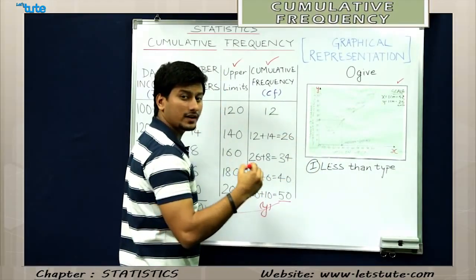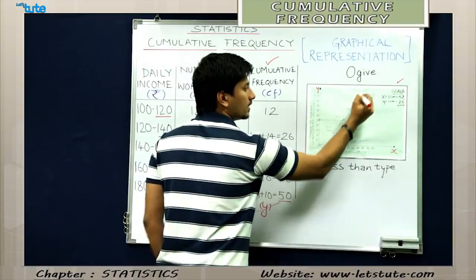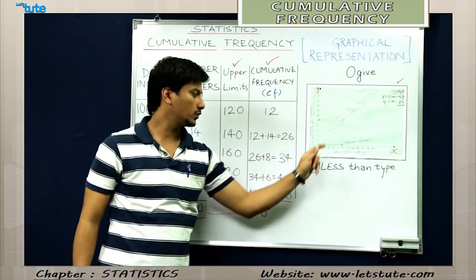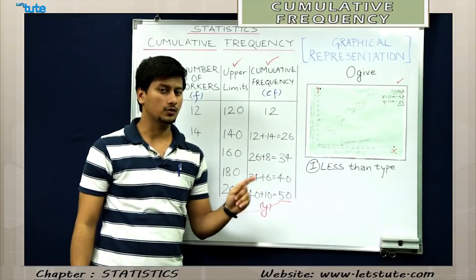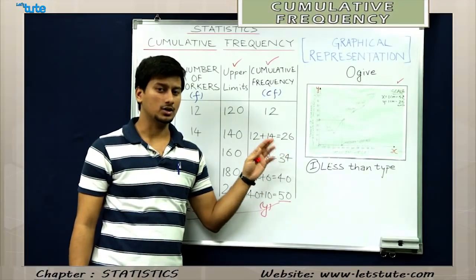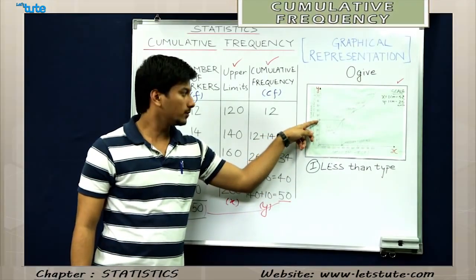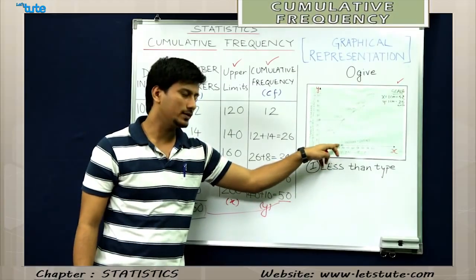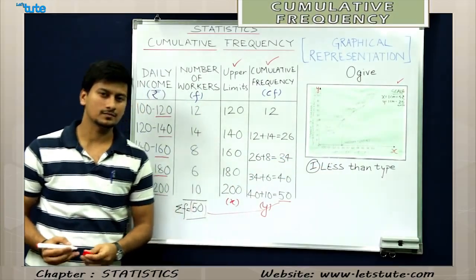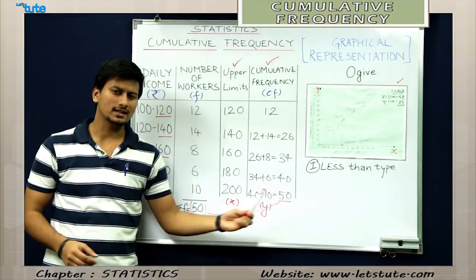Now form a freehand smooth curve. This resultant curve would be the less than type ogive. We can also find the median of grouped data by the formula n by 2. Locate n by 2, touch the curve and then touch the x-axis. That would be the median of your data. That was all about the less than type method.